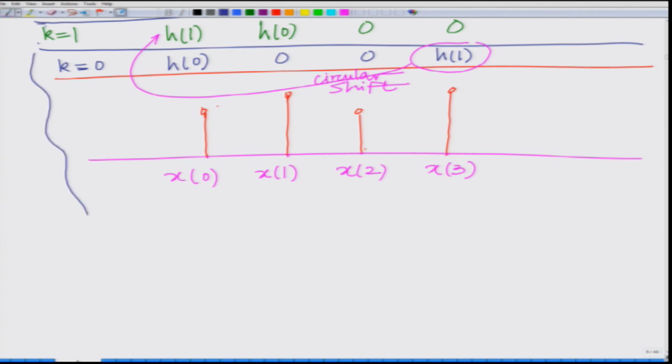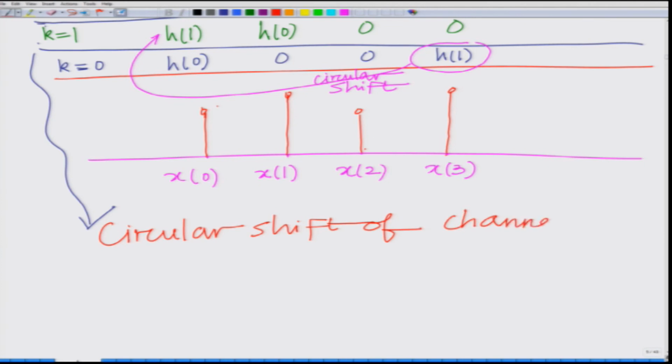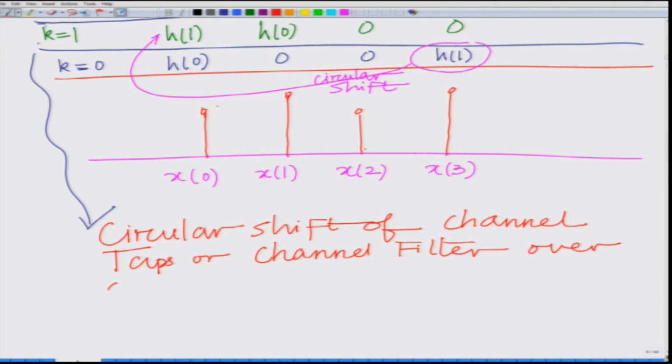What this represents is something very important: a circular shift of the channel filter, or basically your channel taps, over the samples X0, X1, X2, X3.